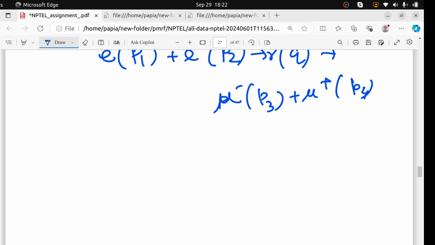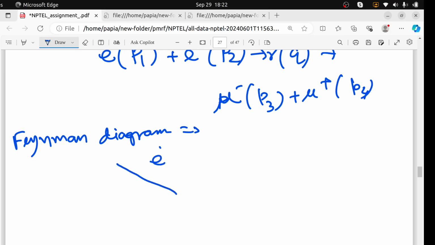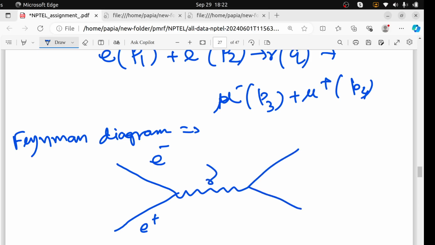So the Feynman diagram will be like this: e minus, e plus, then gamma, then mu minus, mu plus. Okay, now here I am mentioning the direction of the particles.